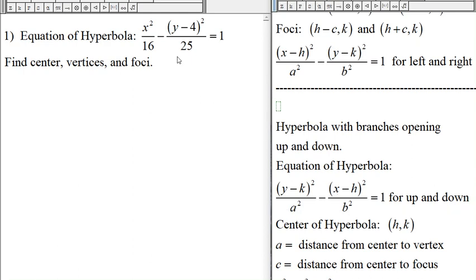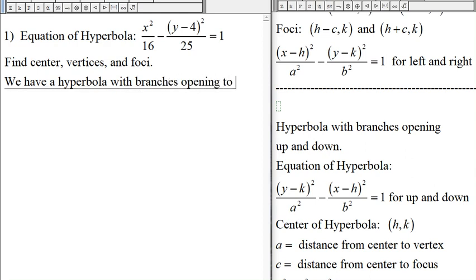So let's look at this example right here. We have x squared over 16 minus y minus 4 squared divided by 25. This time the order is x minus y, and therefore we have a hyperbola with branches to the left and right.